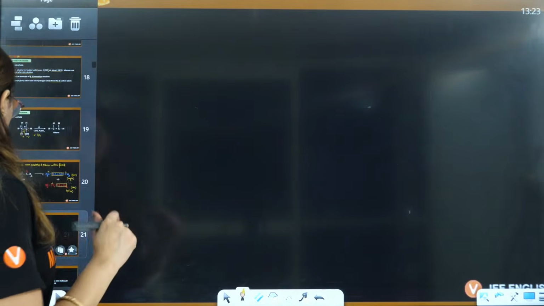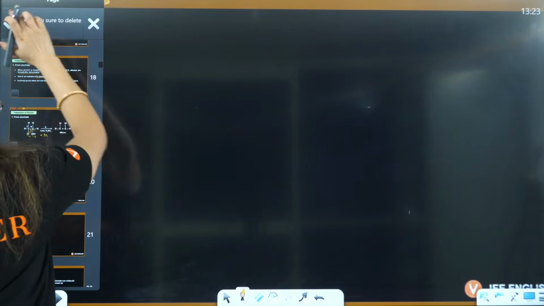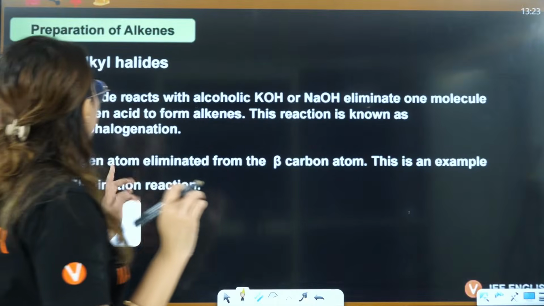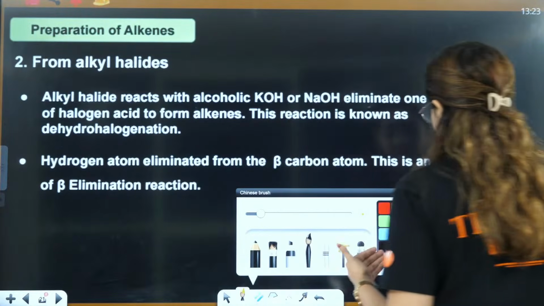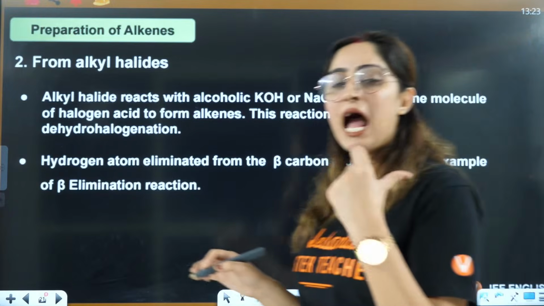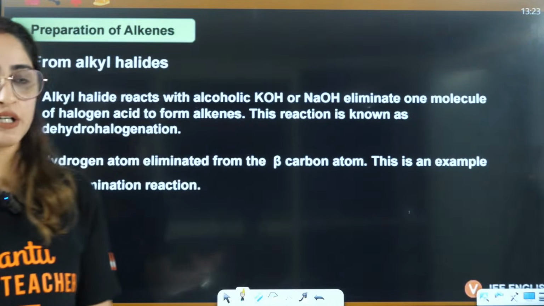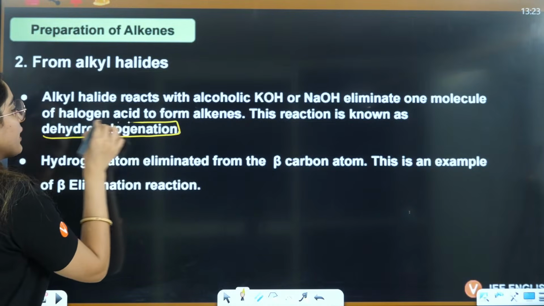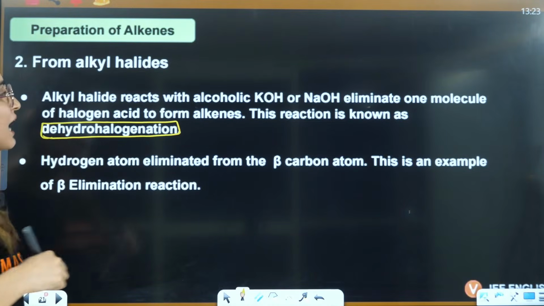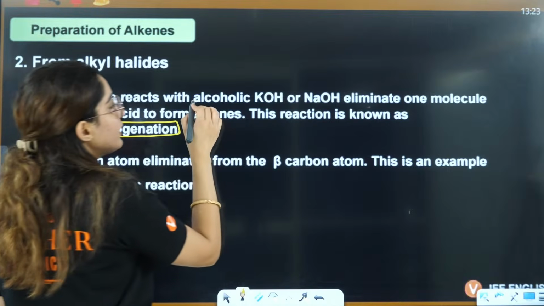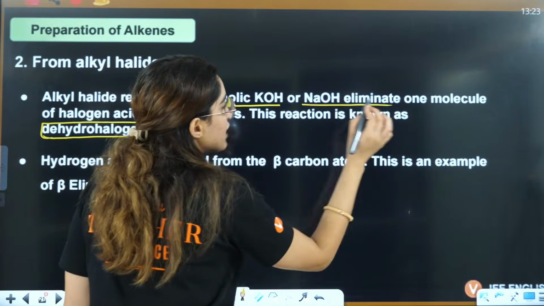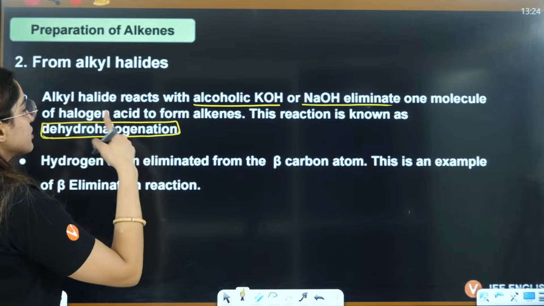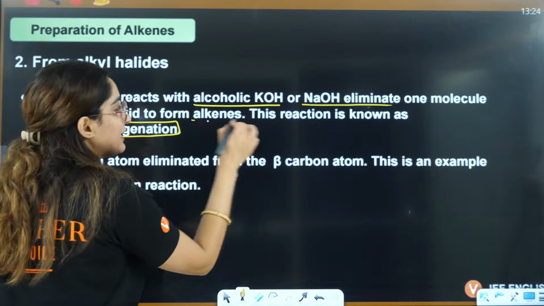Okay, so now let's talk about the next preparation, that is from alkyl halides. In this case, it is a dehydrohalogenation reaction: hydrogen and halogen will be eliminated. Alkyl halides react with alcoholic KOH or NaOH and eliminate 1 mole of halogen acid to form alkenes.